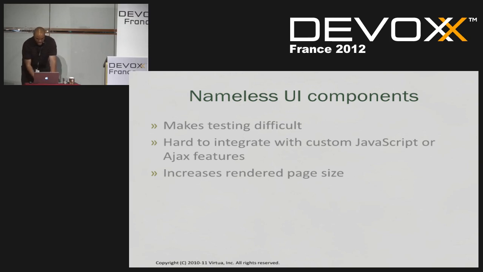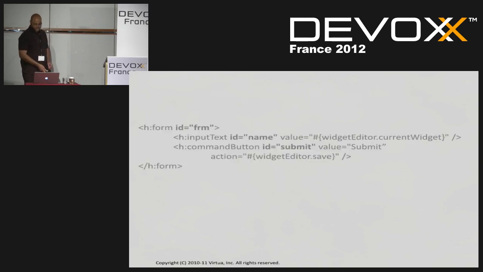So I zoomed in and I forgot I zoomed in. So, okay. And of course, as you saw, it could increase the render size. I'd say probably the number one issue, though, is testing. It's actually impossible to test a JSF page black box testing without having an ID there. Okay.